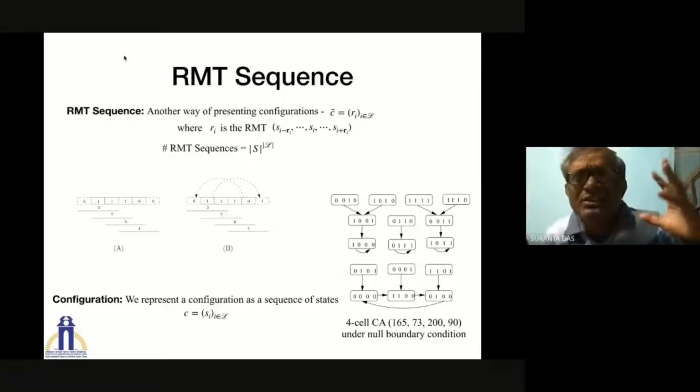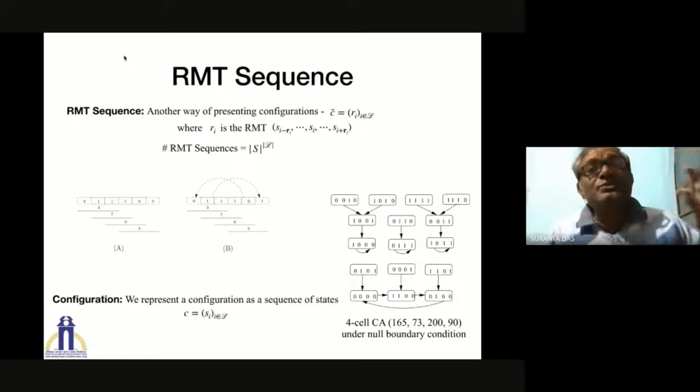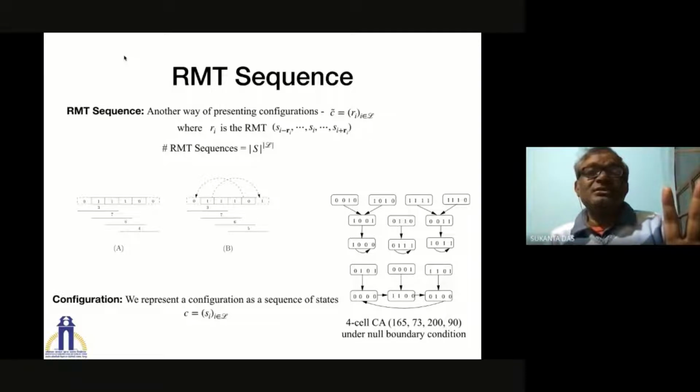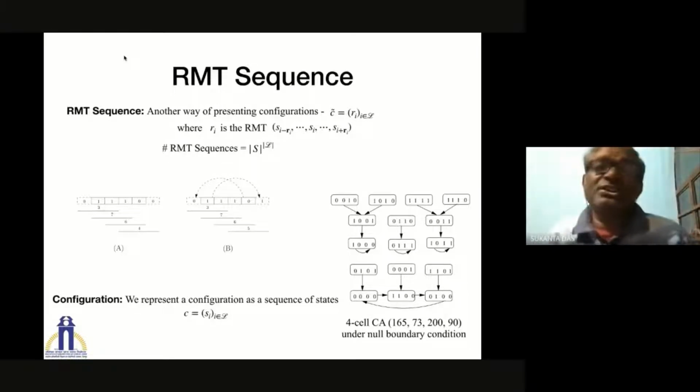I have slightly defined it for one-dimensional cases, obviously. It is a sequence of states assigned to the cells. From the definition, I am getting the RMT sequence. Now, I am representing a configuration, the same configuration, as a sequence of RMTs.